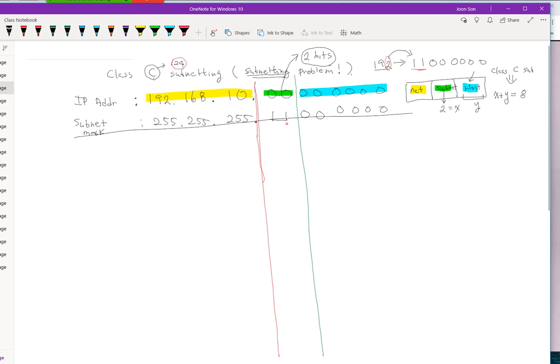So since X is 2, Y is 6. 1, 2, 3, 4, 5, 6. That's really for class C subnetting.